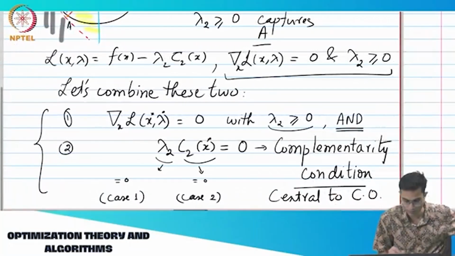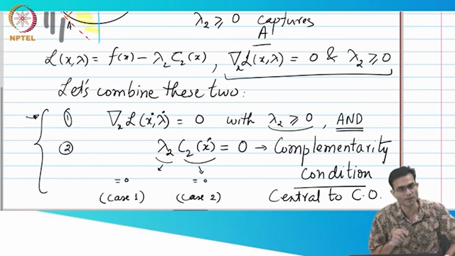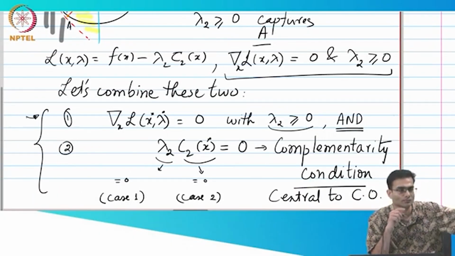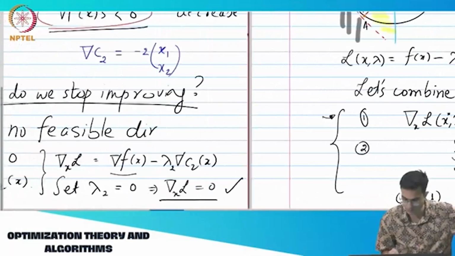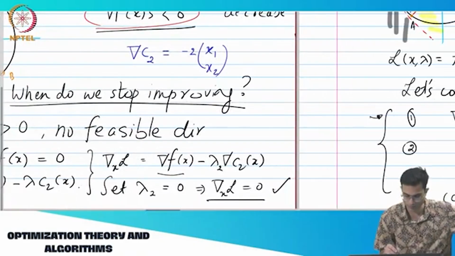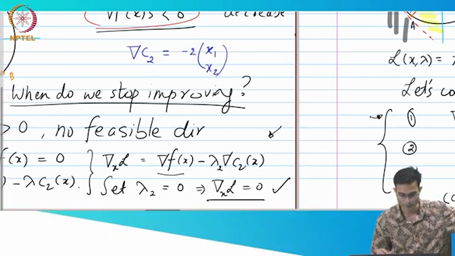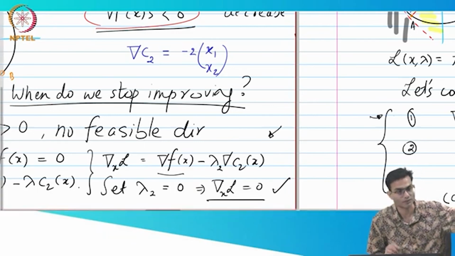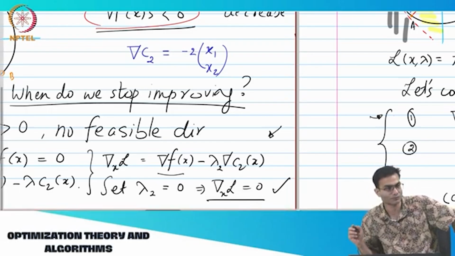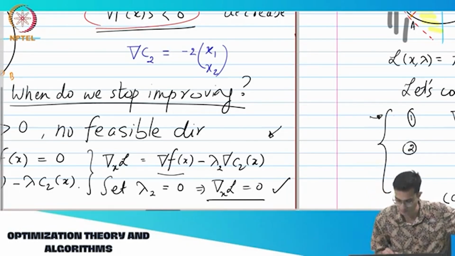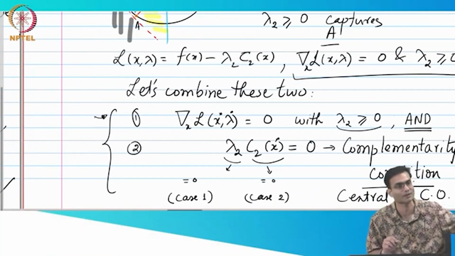The first, you mean this guy? So this captures both case 1 and case 2. So let me put them side by side. So look at this. Case 1 is happening over here, right? So case 1, grad L equal to 0 along with lambda 2 equal to 0. So both of these statements together work for case 1 and case 2.